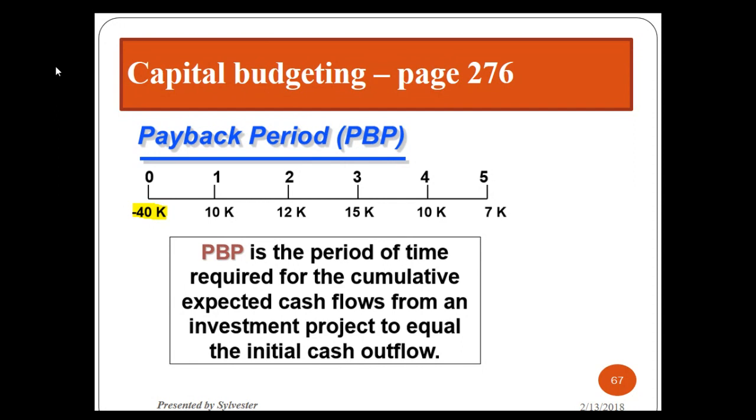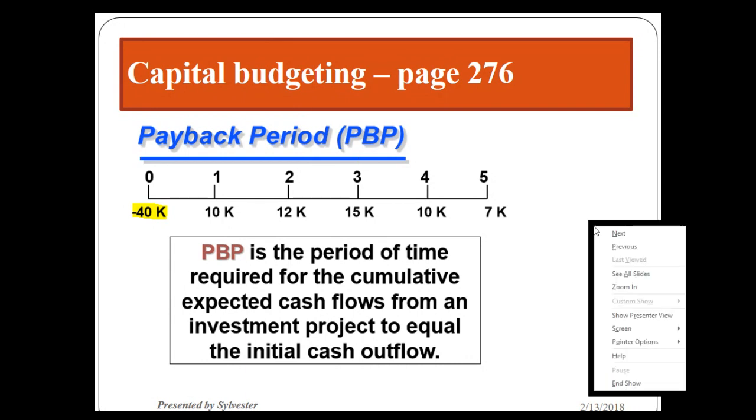So this means how long will the project be able to generate enough cash in order for us to cover the initial investment. Like in this case, as you can see here, we do have a period of 5 years.